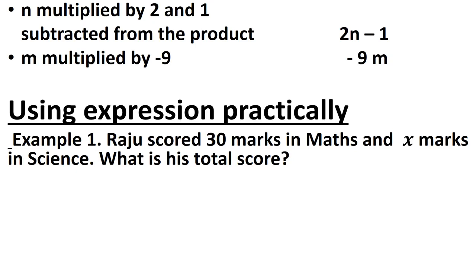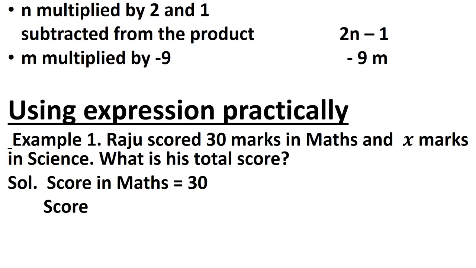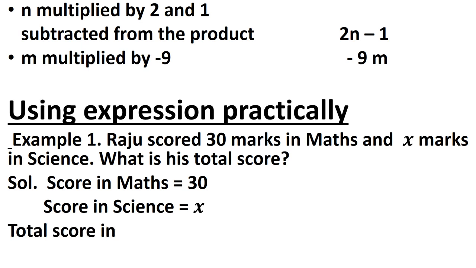So what is the total score? What will we do in case of total? Definitely we will add. See the solution. Score in maths, 30. Score in science, x. Total score in both, 30 plus x. Isn't it simple?